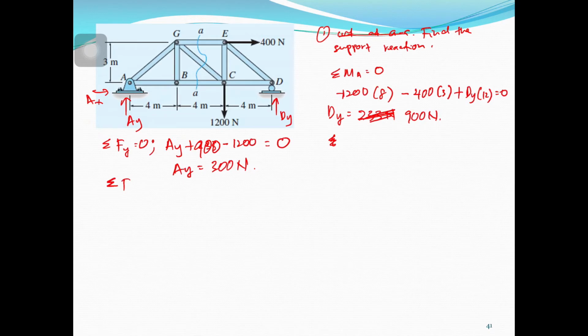And then do summation of Fx equal to 0. So you have Ax plus 400 is equal to 0. So Ax is equal to minus 400 Newton.